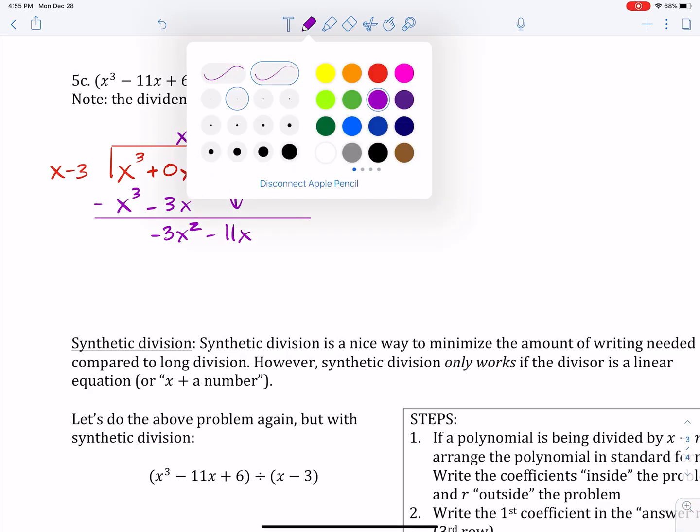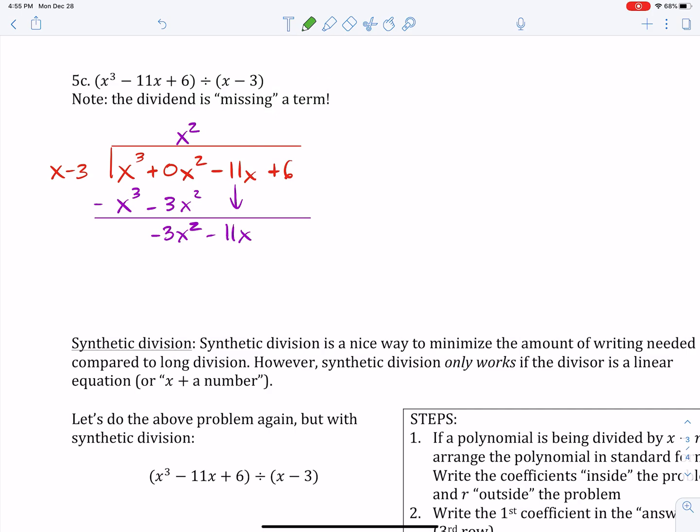From there, we need to do the same process again. Negative 3x squared divided by x is just negative 3x. Oh, forgive me here. Because it's 0 minus a negative, that actually turns into a positive. Okay. Sorry, so 0 minus negative 3x squared turns into a positive 3x squared.